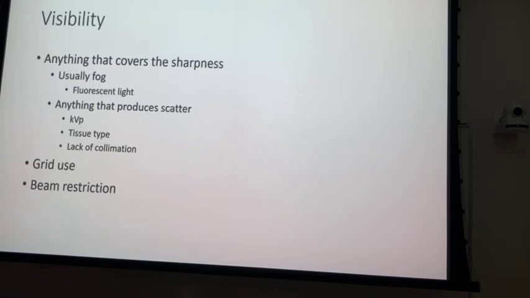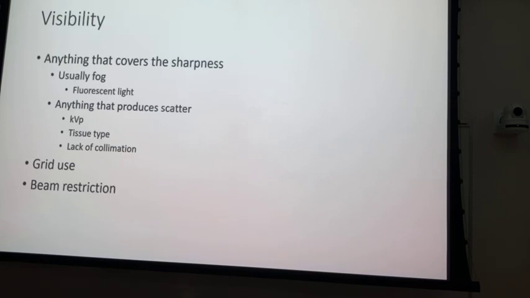So fluorescent lighting, if you're using a CR system, fluorescent lighting can lay down a layer of fog on your image receptor. So anything that produces scatter, KVP, tissue type, lack of collimation, and we'll talk about all that later in the semester, whether or not you use a grid when you should have used a grid.